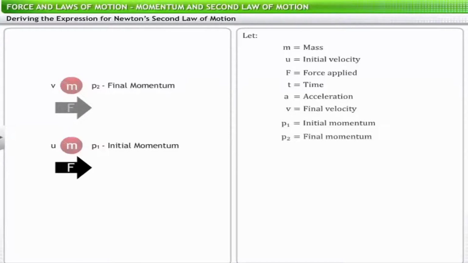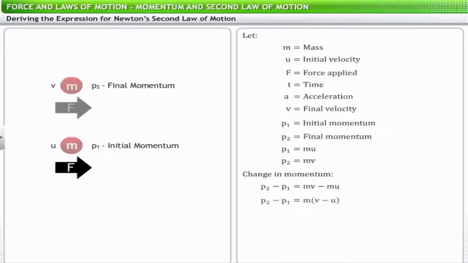By the definition of momentum, p1 = mu. p2 = mv. Hence, the change in momentum is p2 - p1 = mv - mu, or m(v - u).